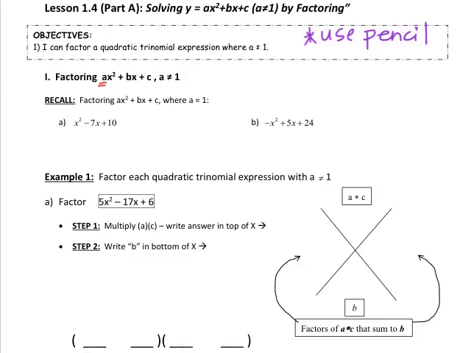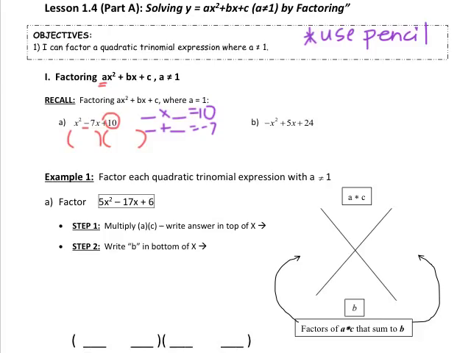But let's just recall that when we factor any polynomial, we're looking for two numbers that multiply to c. That's this value here. But they have to add, or sum, to our b value. So in this case, we're looking for two numbers, some number times some number equals 10, but those same two numbers have to add to -7.